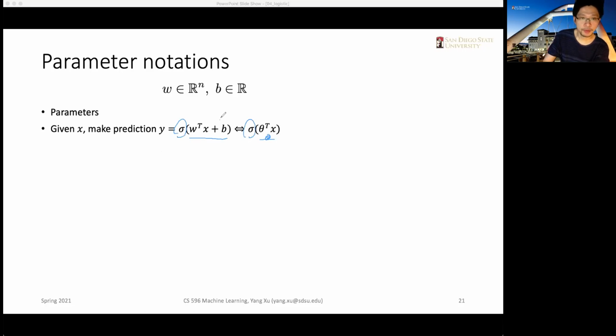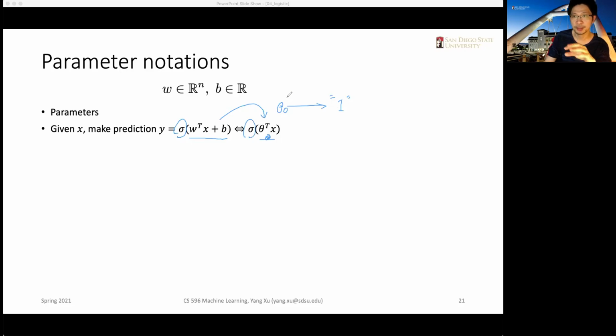So why don't we use theta? Because in order to use theta, theta transpose needs to include theta 0, the intercept term that we borrowed from the linear regression model. The theta 0 term actually corresponds to a dummy feature that has all ones.